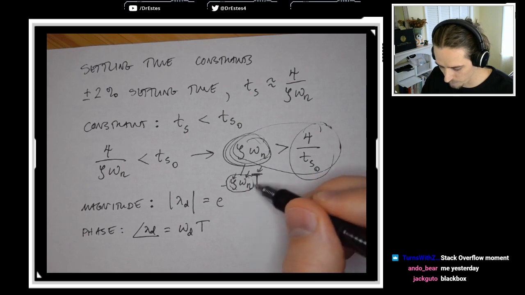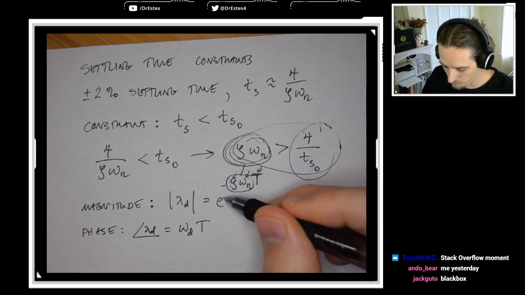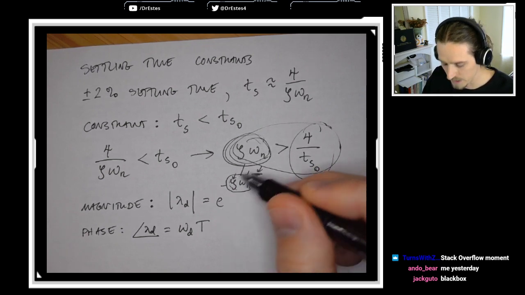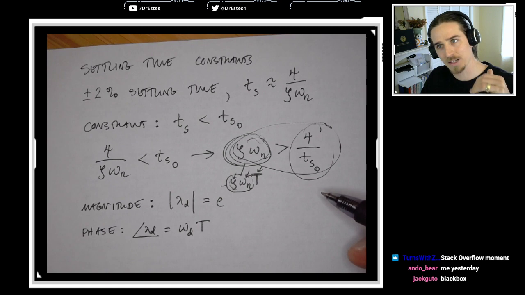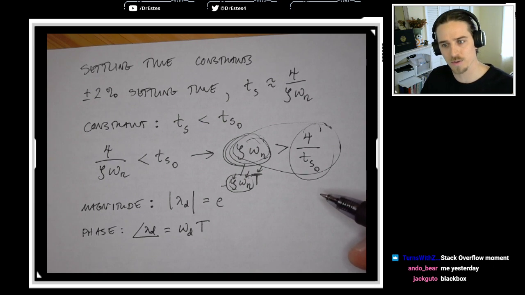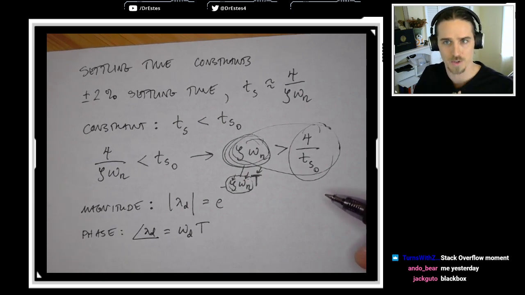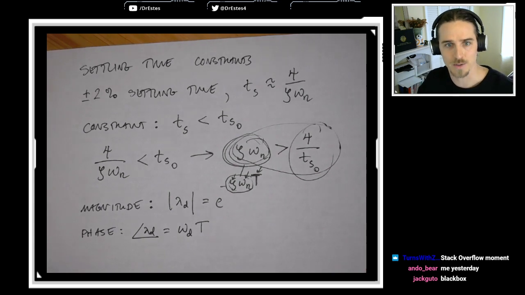So the bigger we make this product, the more negative this becomes, and this actually becomes a smaller number. So the magnitude of our roots is going to be limited, which makes sense too, because we know that the closer the roots are to the origin, the faster they settle in terms of the steps they take to decay towards zero.